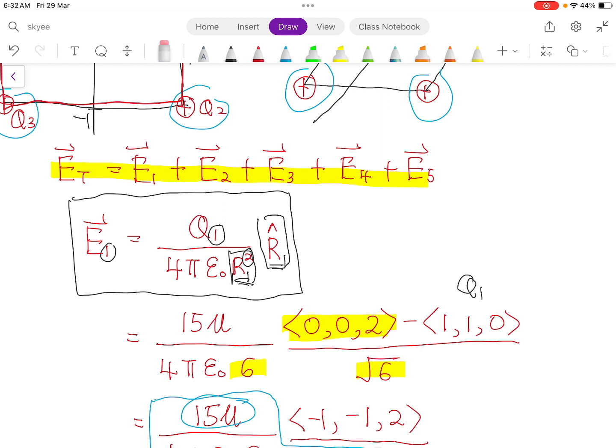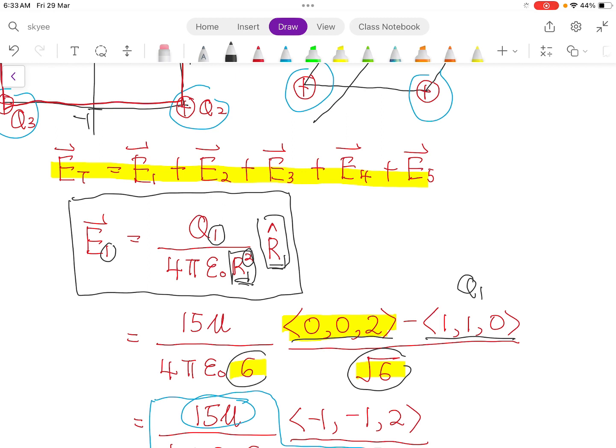For R1, you take the observation point, which is this one, minus the position vector of Q1. This is the distance vector.